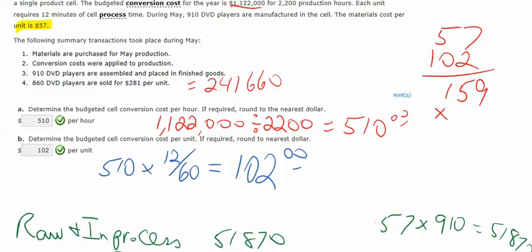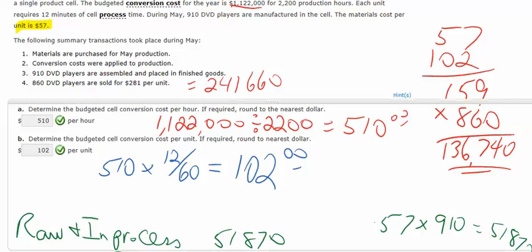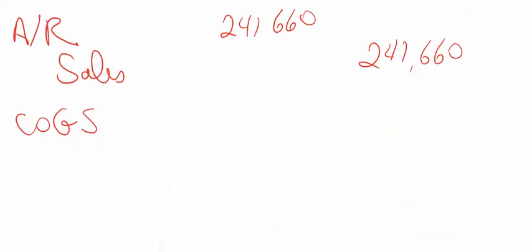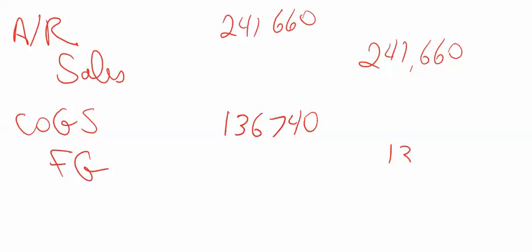That's $159 times 860. That equals 136,740. So the cost of the units I sold is 136,740, and I'm going to credit my finished goods because I've sold it, take it out of inventory, and there's my entry for that.